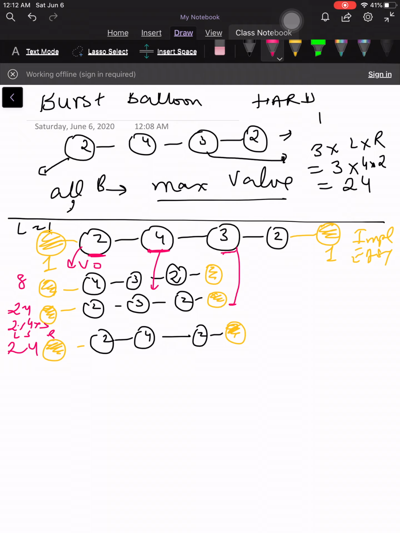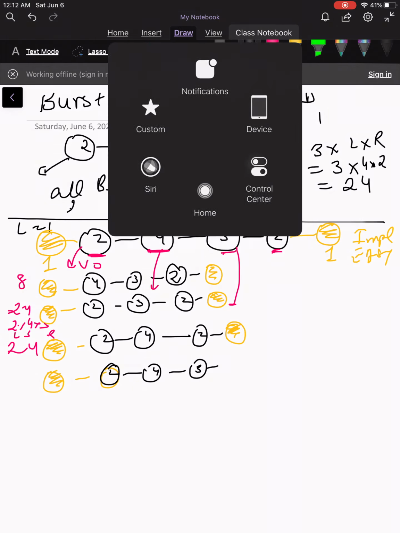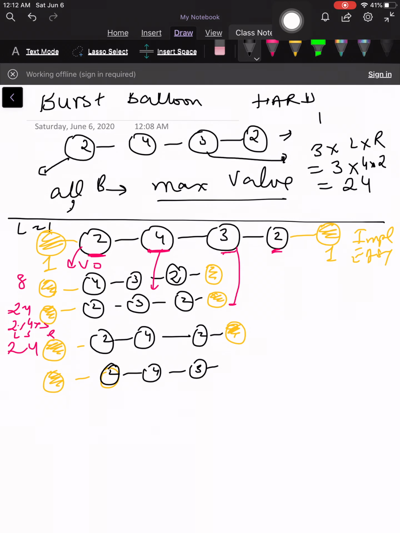And the next part is, if you burst the balloon number 4, it becomes 2, 4, 3, and the last one is this stable one. The value becomes 2 times 3 times 1, which is 6. So you got 4 options here after bursting one balloon.